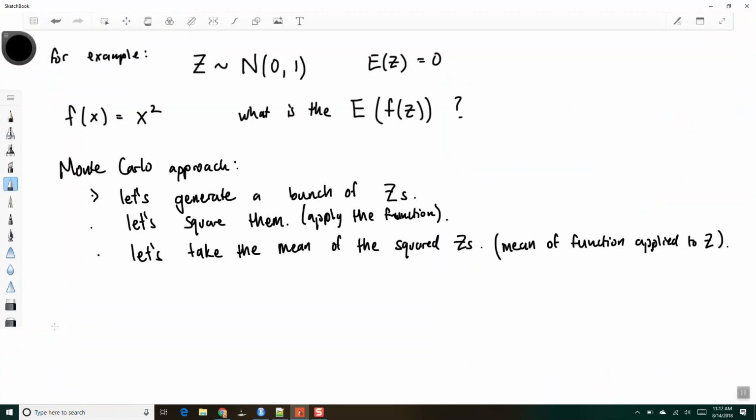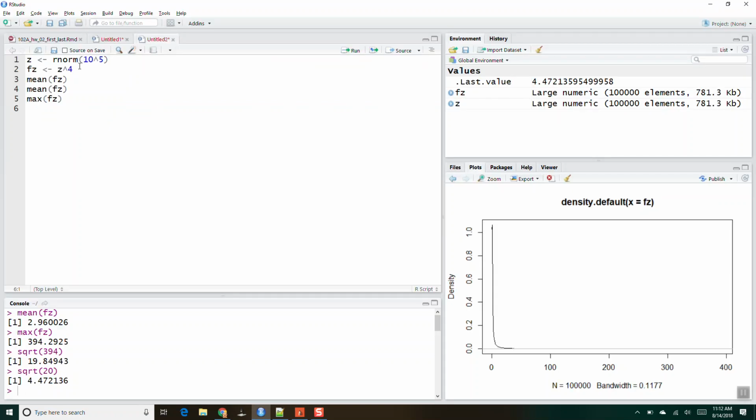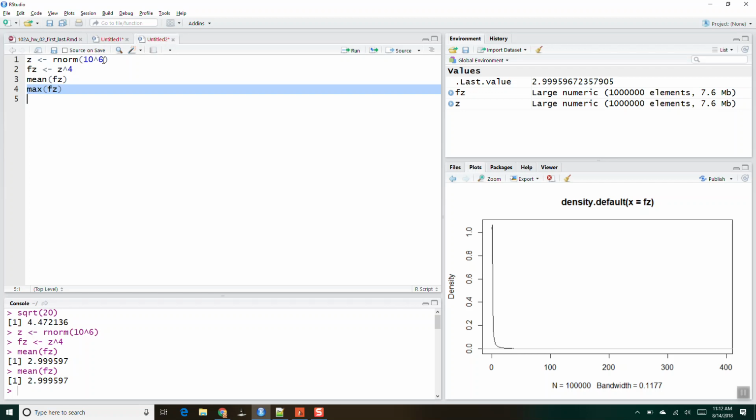We avoided any math. So somebody says, what's your estimate? I wonder what happens if I did a million of these things. Yeah, we're getting something close to 3. So someone asks, what's the expected value of a random normal variable raised to the fourth power? I'm going to guess 3.